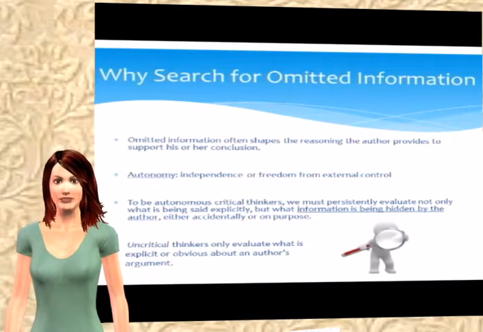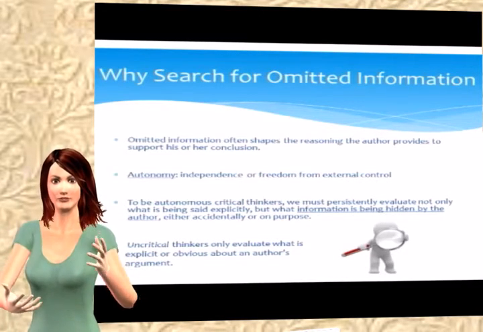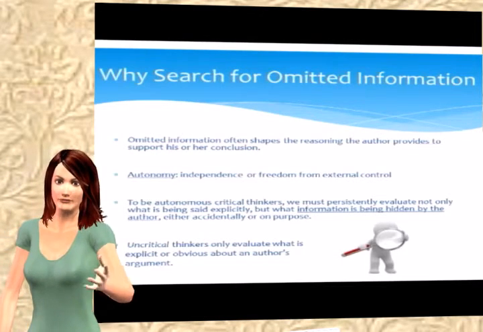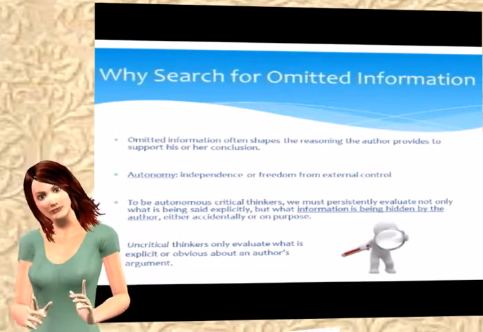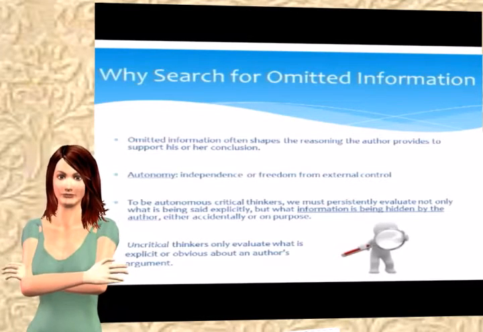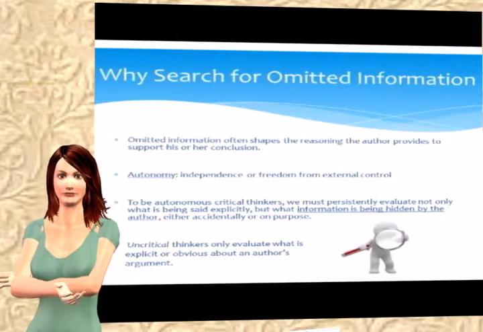It's really uncritical thinkers that only evaluate what is explicit or obvious about an author's argument. And thus, as critical thinkers, we're going to evaluate what's not only there, but what's missing. And that's why we have to search for omitted information.